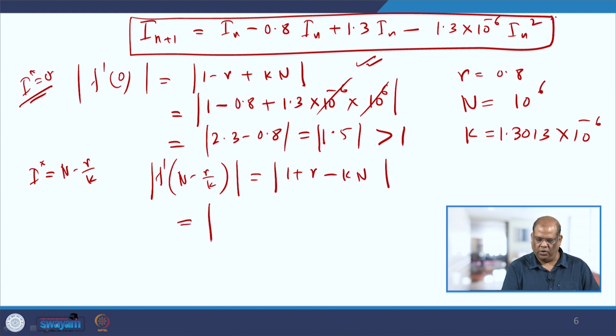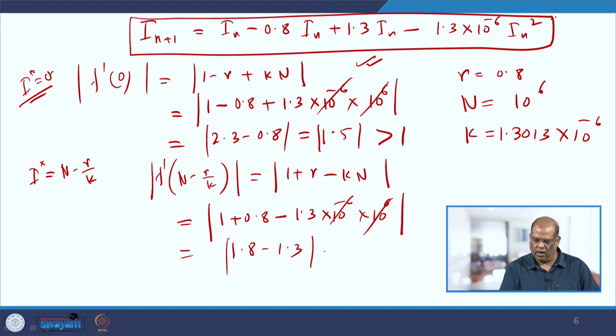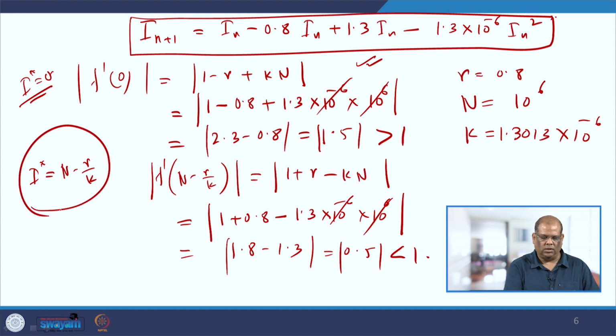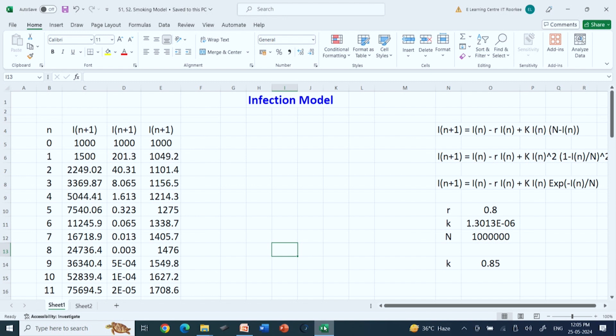If I substitute 1 plus 0.8 minus 1.3 into 10 to the power minus 6 into 10 to the power 6, I get 1.8 minus 1.3, and it is 0.5, which is less than 1. So, the system is stable about this equilibrium point and it is not stable at the equilibrium point I star equal to 0. Let us now check this numerically.